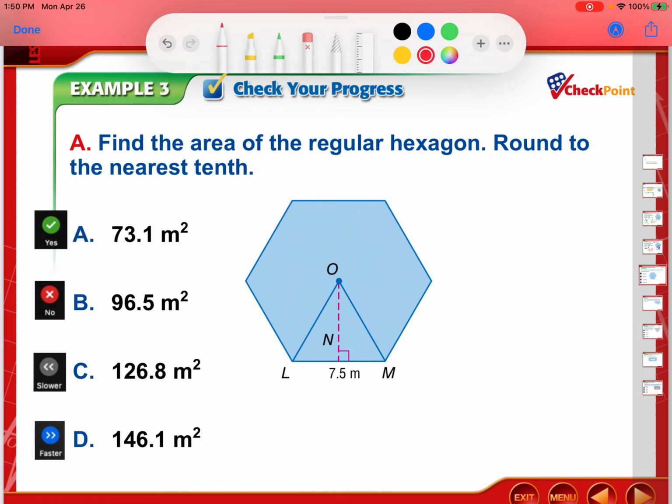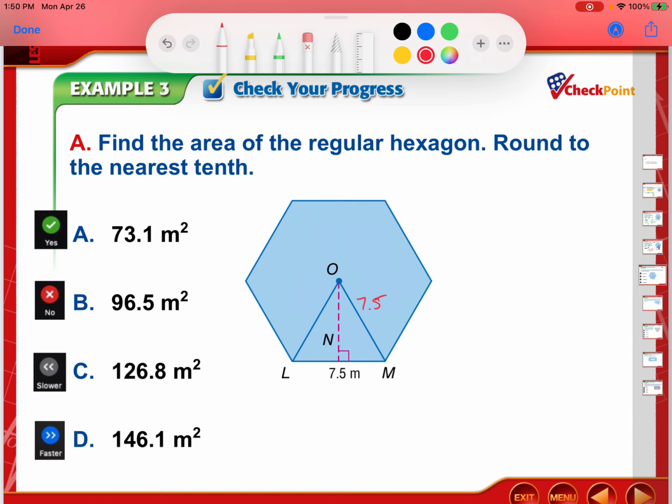We'll just let that one be for now. So that would be 7.5, which would mean 7.5 squared minus 3.75 squared is going to equal that.